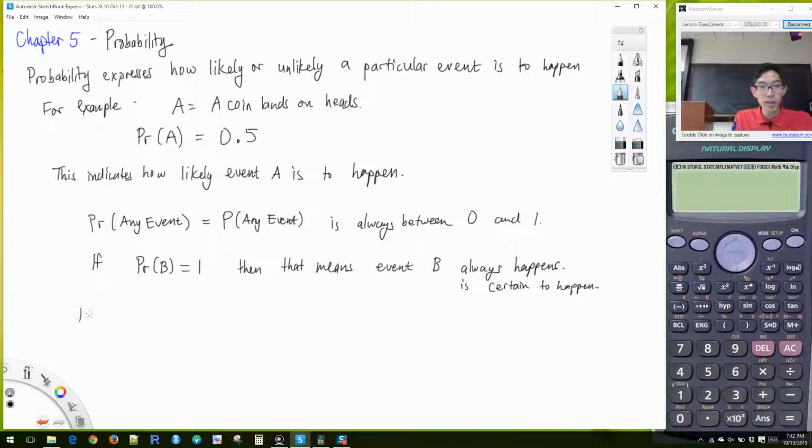And then over here we can say if the probability of event C is equal to 0, then event C never happens.